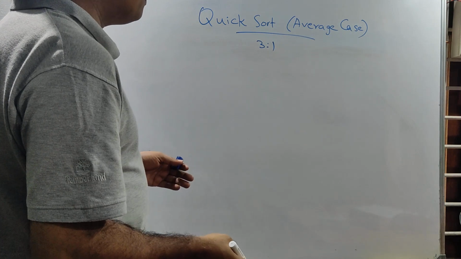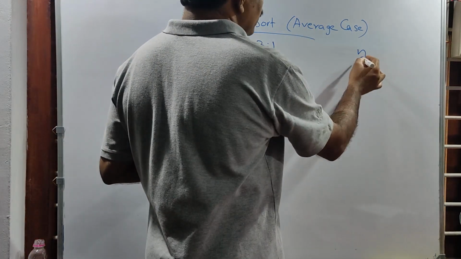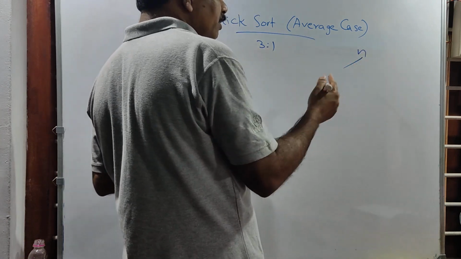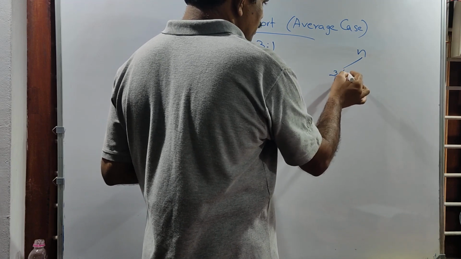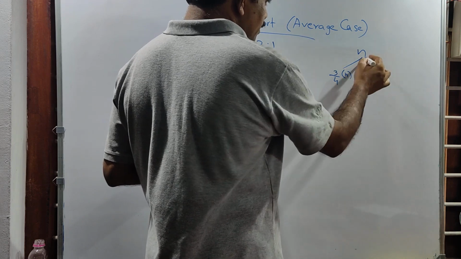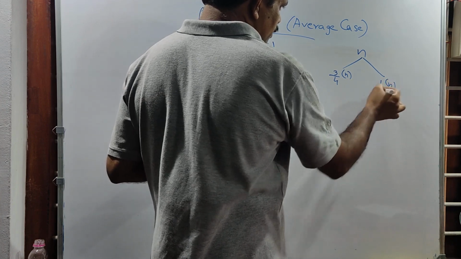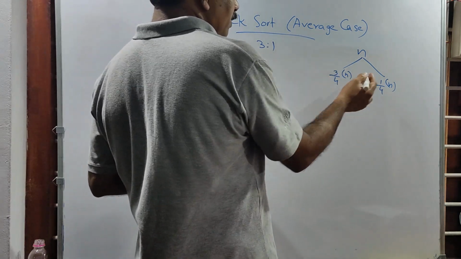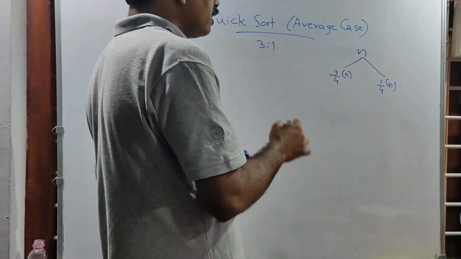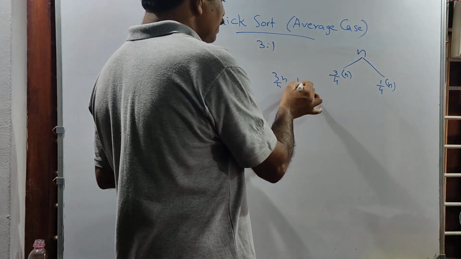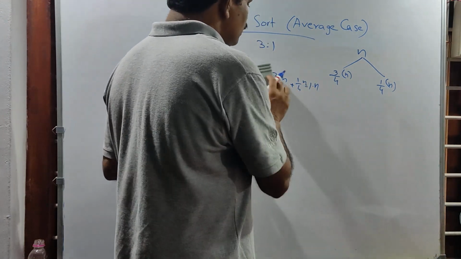If it is divided into 3 to 1 in this proportion, based on the selection of the pivot element, it will be like this: 3 by 4 of the elements on one branch, and the remaining elements, that is 1 by 4th of n elements, on the other branch. 3 by 4 n plus 1 by 4 n is equal to 1 into n, that is n.